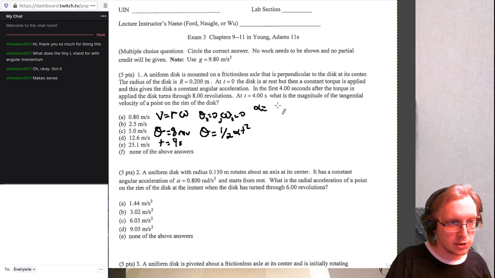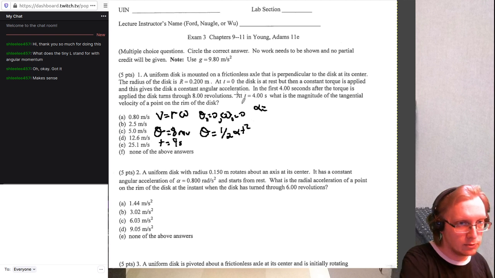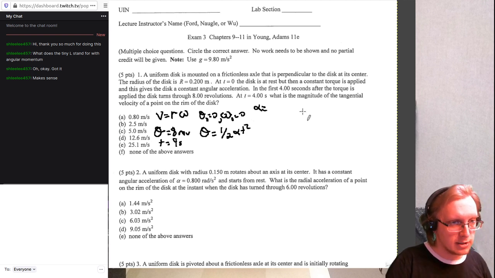Alpha is equal to 2 theta divided by t squared.